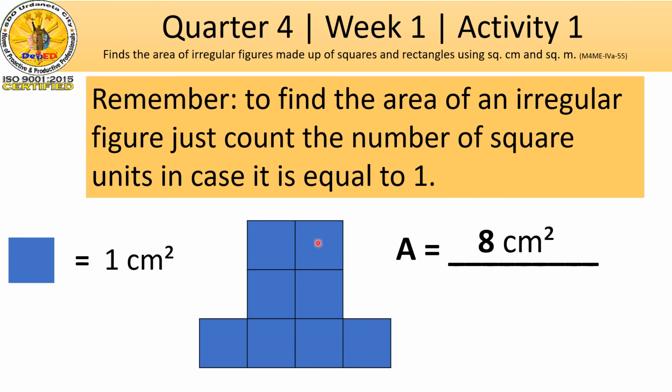Let us see. 1, 2, 3, 4, 5, 6, 7, 8. 8 square centimeters, because one box or square unit counts as only one, its measure is 1 square centimeter. So, we just counted the number of units.